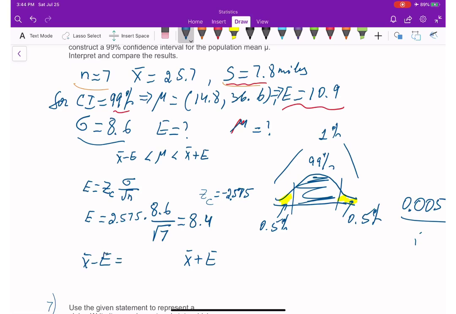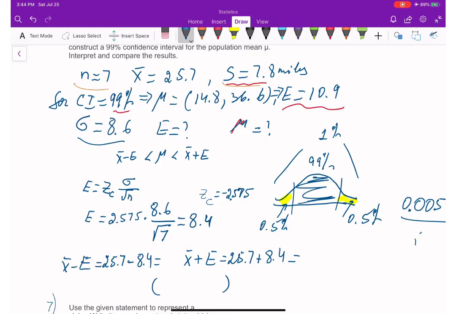So our x bar is 25.7 minus 8.4, and x bar plus error, it's going to be 25.7 plus 8.4. Well, you can add them, right? You can finish this and write down in the interval these two numbers.